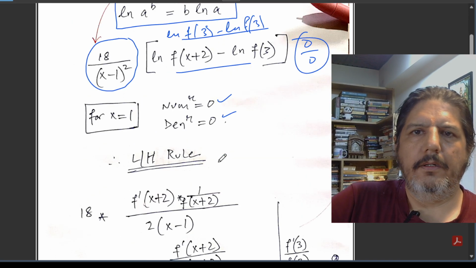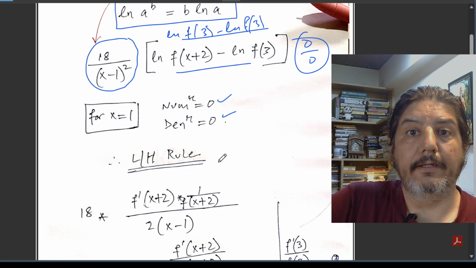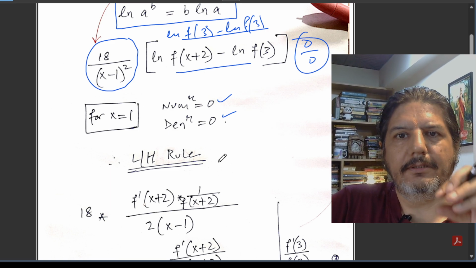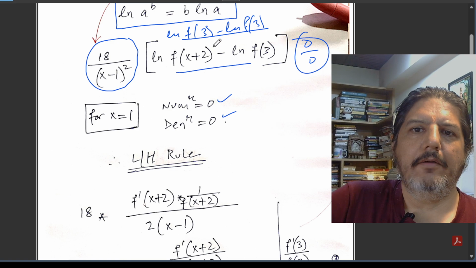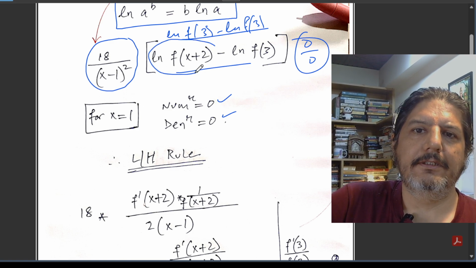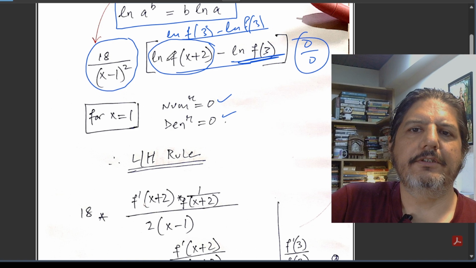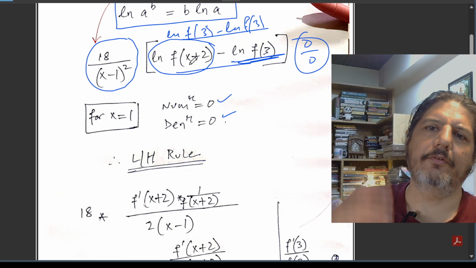For applying L'Hopital rule, I'll have to find the differential of the numerator and the differential of the denominator. When I take the differential of this, because this is a constant, this will become 0. So I'll have to use the differential of the log function.